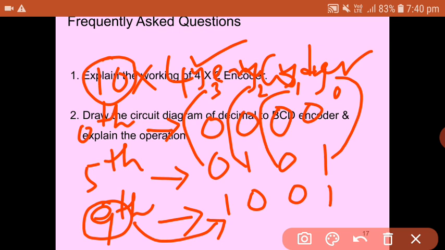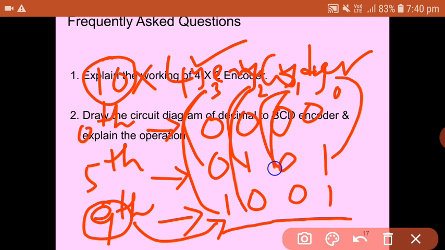So whenever the ninth key is pressed, y3 will be 1, y2 will be 0, y1 will be 0, and y0 will be equal to 1. This is how you are converting the given decimal number into its equivalent binary or BCD.